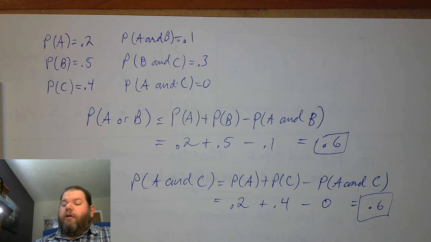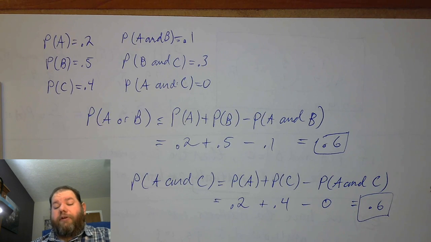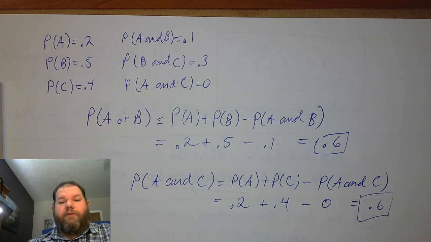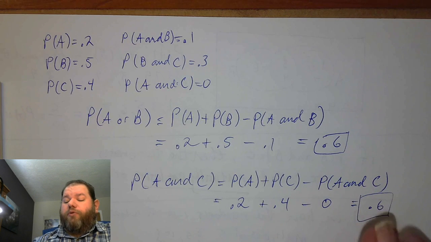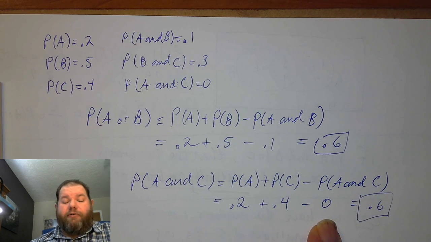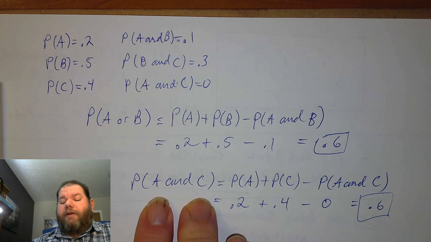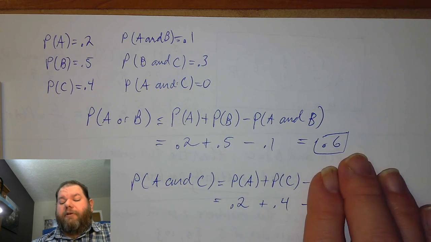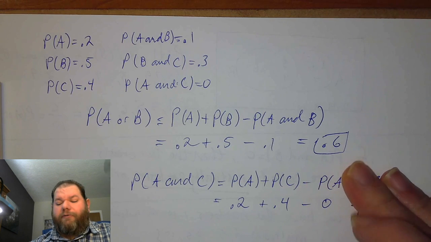Okay. When we have two terms that are mutually exclusive, though, and this "and" expression, the intersection, ends up being 0, then in these cases, basically what happens is in the addition rule, we don't even have to worry about this third part because we know that it's 0. So if two events are mutually exclusive, then probability of A or C is just probability of A plus probability of C. We don't even need that third part because we know it's 0.